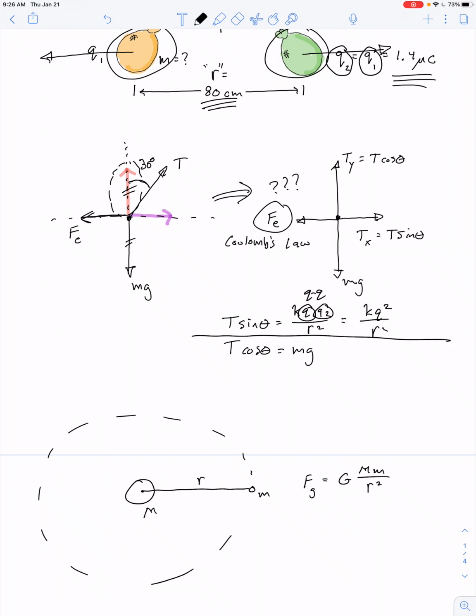So to make tension disappear from our equation, we can just divide one equation by the other, and tension will cancel out. Sine over cosine gives us tangent theta, and k q squared over r squared divided by mg can be combined to k q squared over m g r squared.